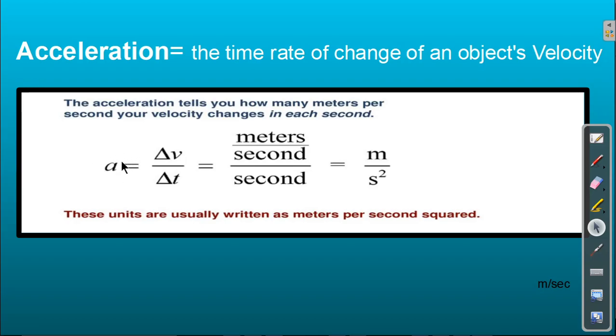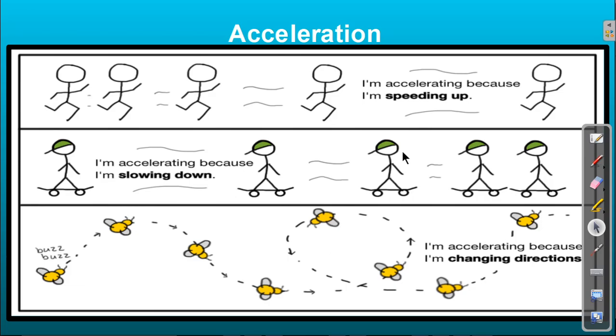And we need to take into account going which way? Positive, right. Negative, left. Up, positive. Going down, negative. So when you're doing this, you also need to take into account the direction. Let's see. We said that acceleration was a change of velocity over time. How does velocity change?